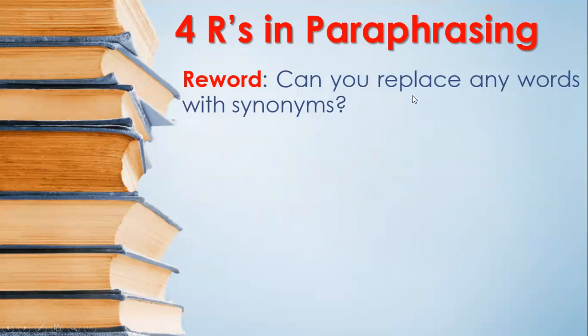When we say rewording, you are replacing words in the original sentence with words in your paraphrased version. Make sure that the words in the original sentence are synonymous to the words that you are going to use in your paraphrased version. So again, please take note of the word synonyms.